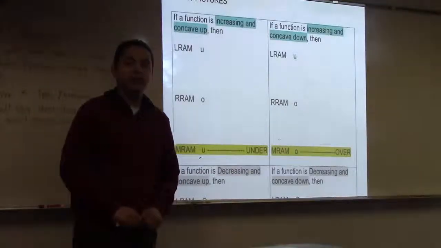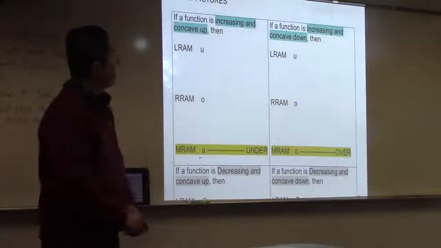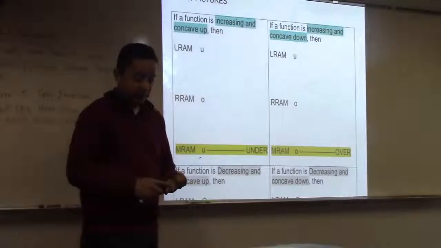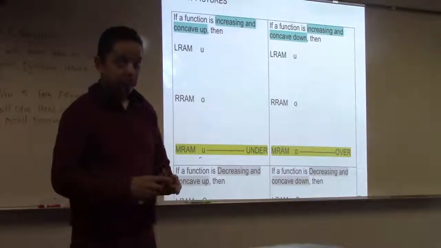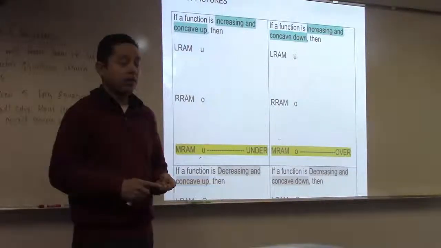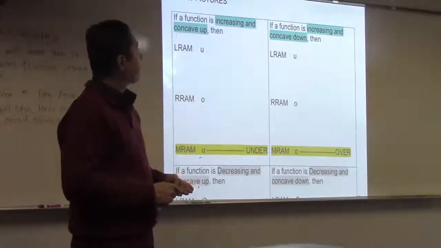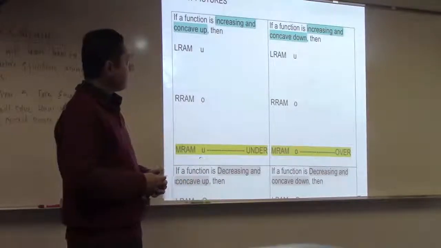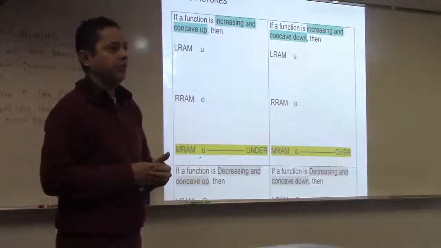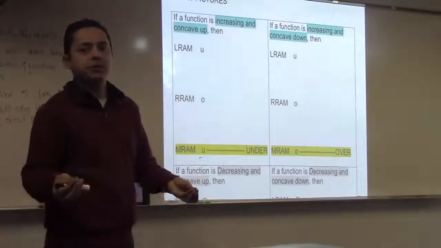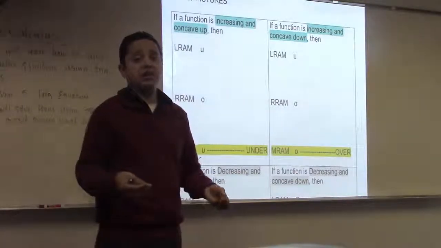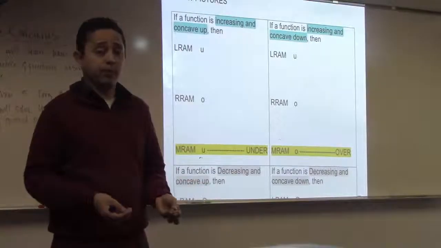All right, continuing with approximations. Whether you're doing the Lram, the Rram, midpoint ram, or the trap, all those types of approximation methods will additionally require you to answer a classical question that they will ask you all the time: whether the approximation you're using in that particular question and the answer that you get is an under approximation or over approximation.